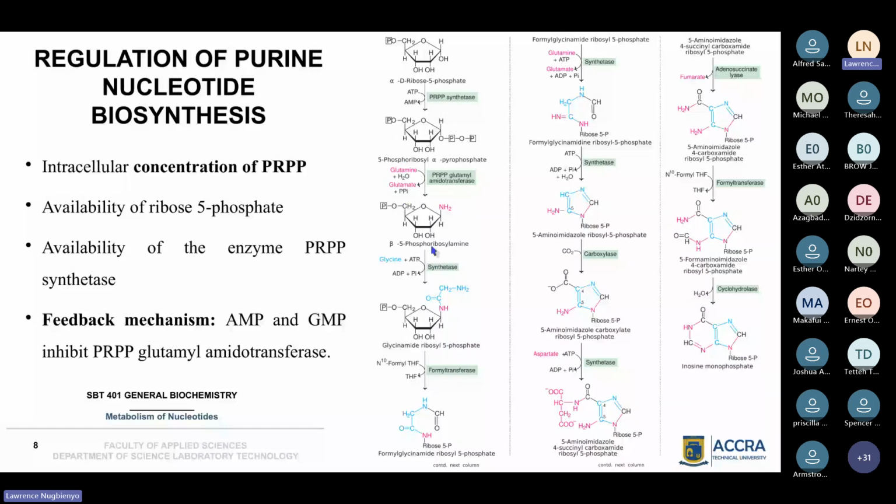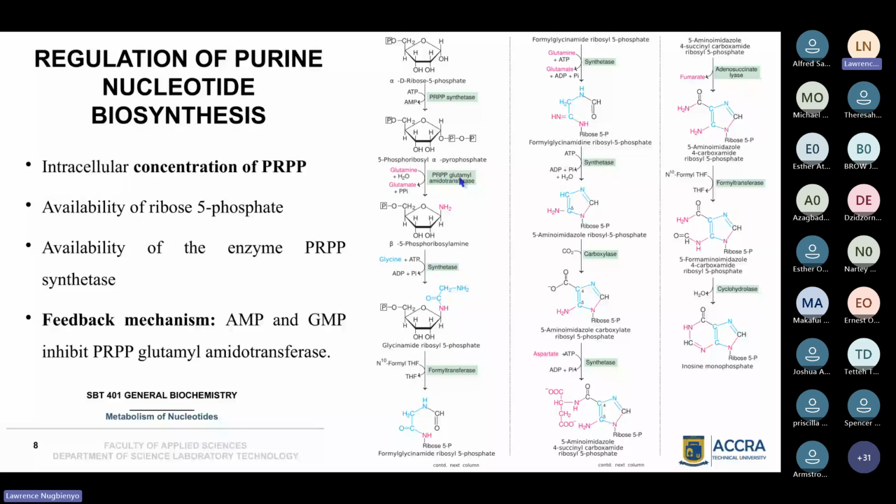That glutamine comes into the reaction even before glycine comes, the tetrahydrofolate comes, and then the formation occurs. So we first need that pyrophosphate to be in adequate amounts in order to have adequate biosynthesis of the purine nucleotides. So that is a factor that regulates the process of the biosynthesis of purine nucleotides.